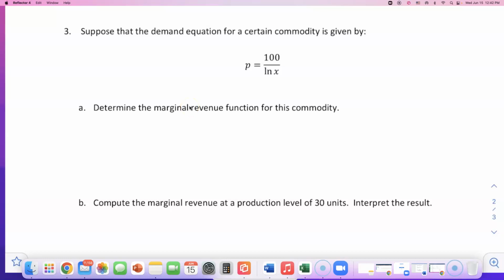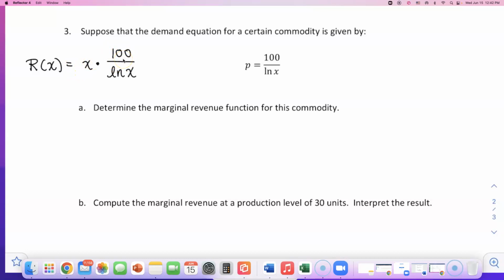So I'll remind you, the revenue function, R of X, is equal to X times the demand function, and the demand function is 100 over natural log of X. Revenue is X times the demand.